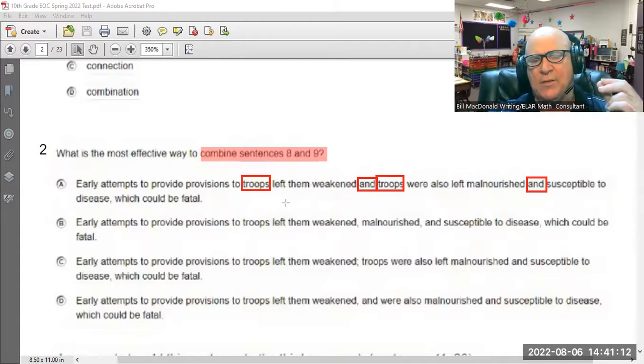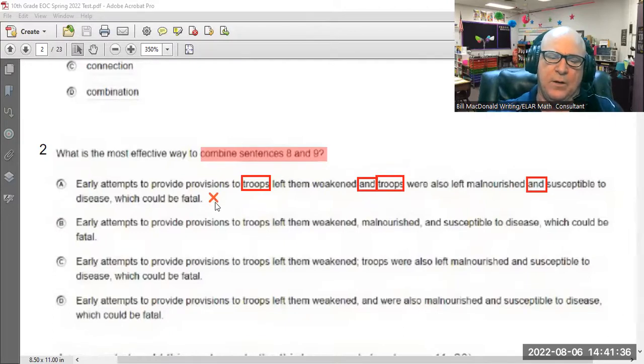Somebody who's watching this, let me know if on the actual test they were allowed to use different color highlighters, because red can be removed, yellow can be caution, and green can be good to go. So I'm going to eliminate that one in my mind.